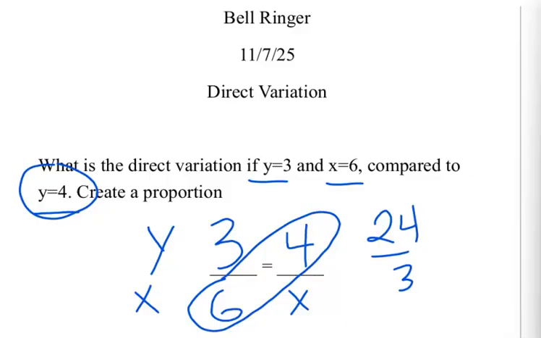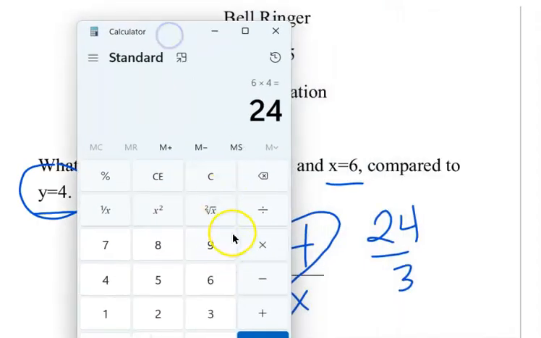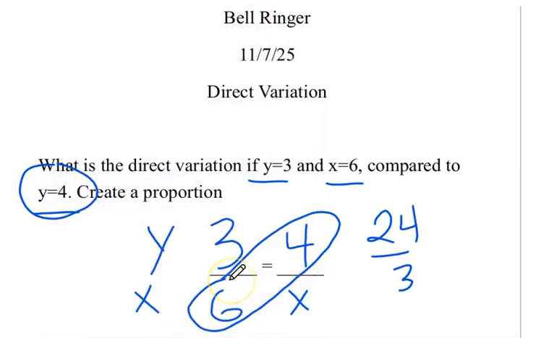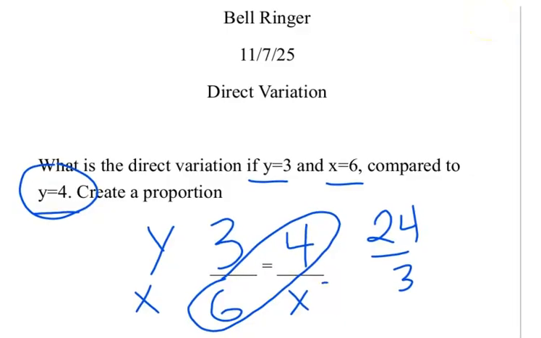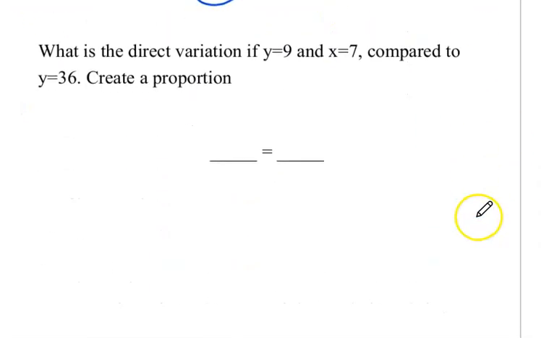All right, let's divide this. 24 divided by 3 is 8. Okay, so your answer over here is 8. This x is 8. Okay, this one equals 8. All right, let's go to the next one. And remember, you can stop the video at any time and then go back to it.